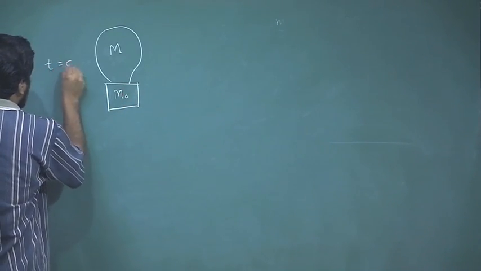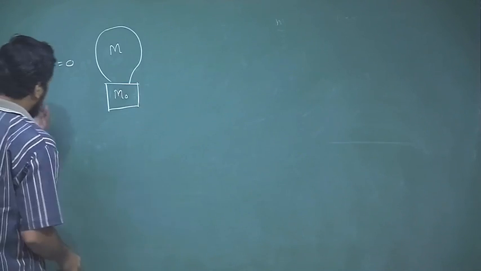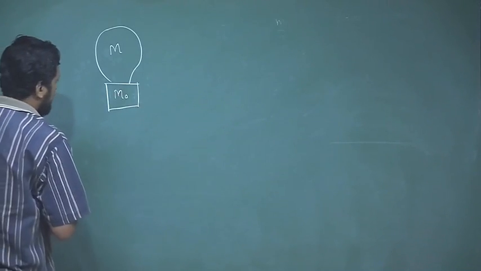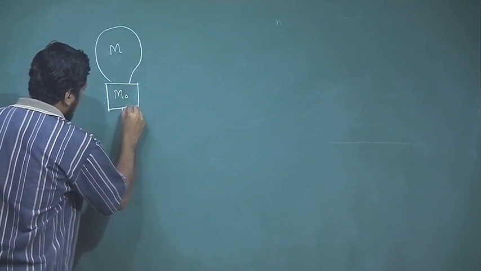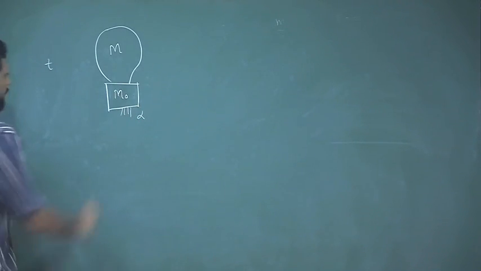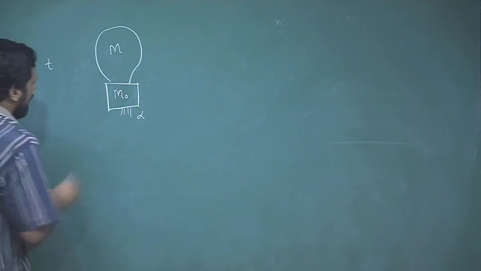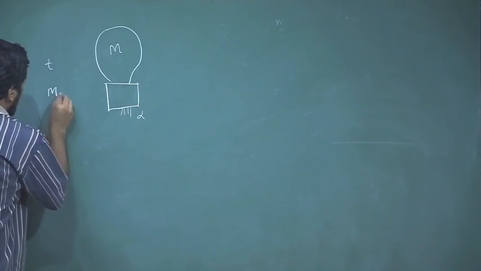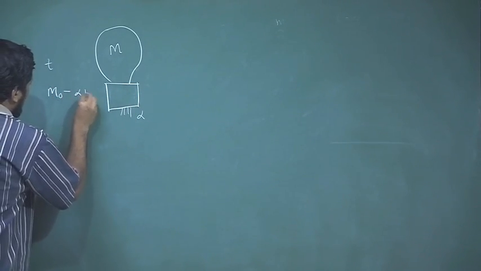This is the situation. Now, as time progresses, at any arbitrary time t, this sand bag starts releasing sand at a constant rate alpha. So, this mass is not m0 anymore, but this mass becomes m0 minus alpha t.